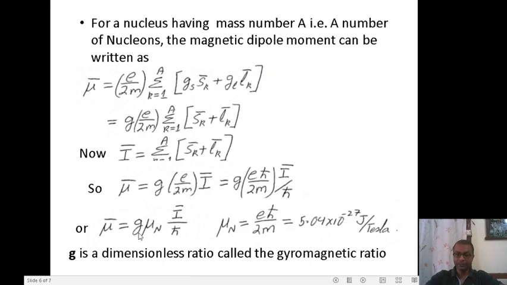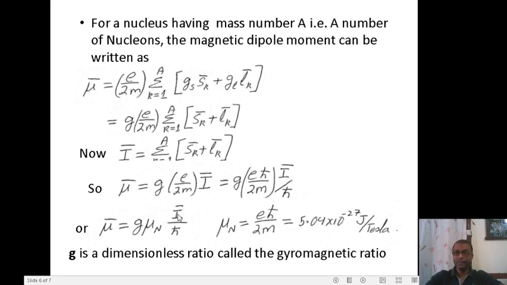It is the ratio of the nuclear magnetic moment expressed in units of the nuclear magneton to the nuclear spin expressed in units of h cross. So this expression gives us the nuclear magnetic moment for a nucleus.